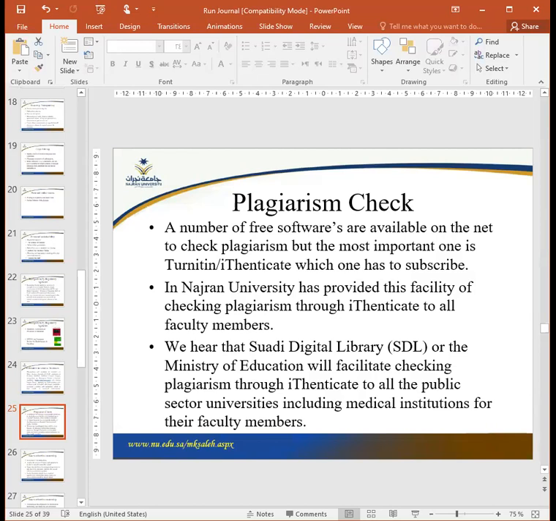This is of course for research and not for a journal. I remember in the Saudi Digital Library, SDL, our Ministry of Education, I'm not sure, will facilitate in the future checking plagiarism through iThenticate for all public sector universities, including medical institutions, for their faculty members.